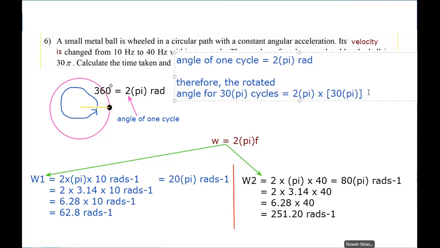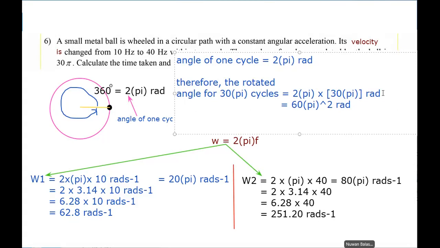So this is the complete rotated angle. Therefore, the rotated angle for 30 times pi cycles is this. If you do this multiplication, 30 times 2 will be 60, and pi into pi will be pi square. So this is the rotated angle.